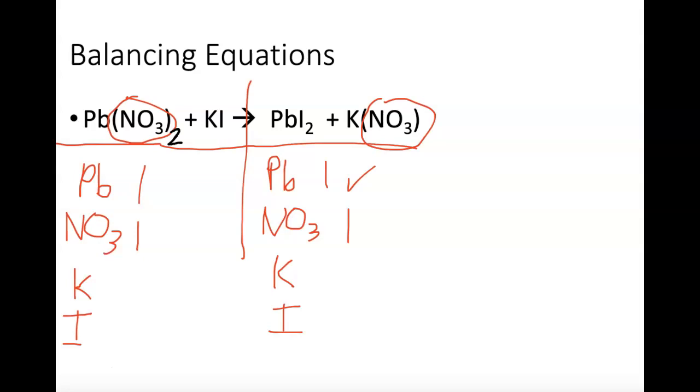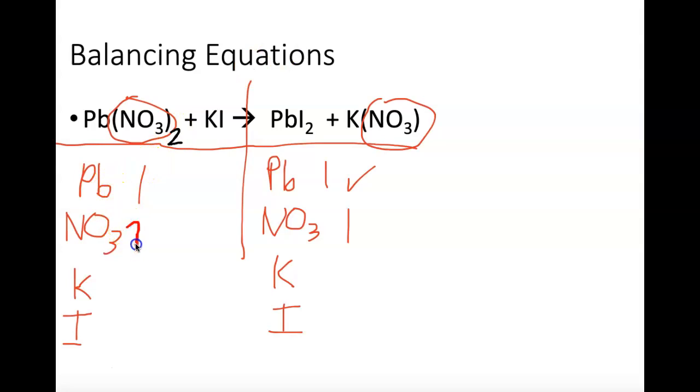You can see I already have it circled there for you. And the great thing about this equation with this nitrate is the nitrate on the reactants stays together to form the product. So I can balance it like that. And so I've listed my chemical species. I've got 4 of each.